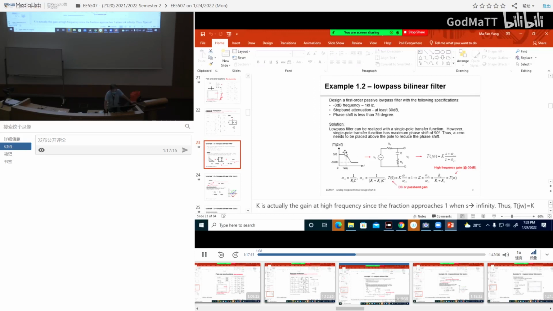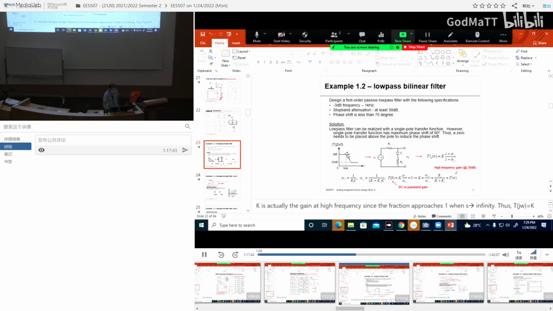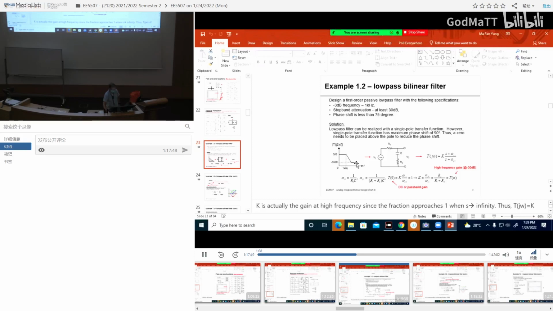And because this is a simple bilinear, this slope is also fixed to be what? Minus 20 dB per decade, coming down. The Bode plot approximation, right? So this slope is coming down at minus 20 dB per decade, and we want to have the zero when it hits minus 30 dB.